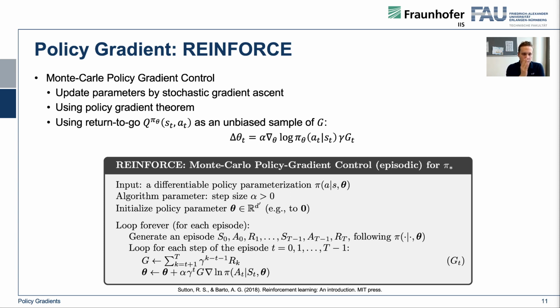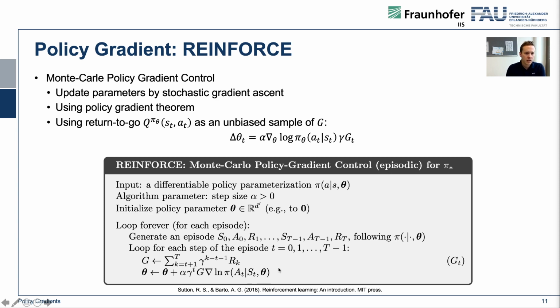For each state that we are evaluating in our trajectory, we calculate the reward to go from this state onwards, and then we update our policy parameters using the policy gradient theorem, meaning that we update the parameters a small step towards the reward to go, which is in this case the discounted return, in the direction of the gradient of the action in this setting.